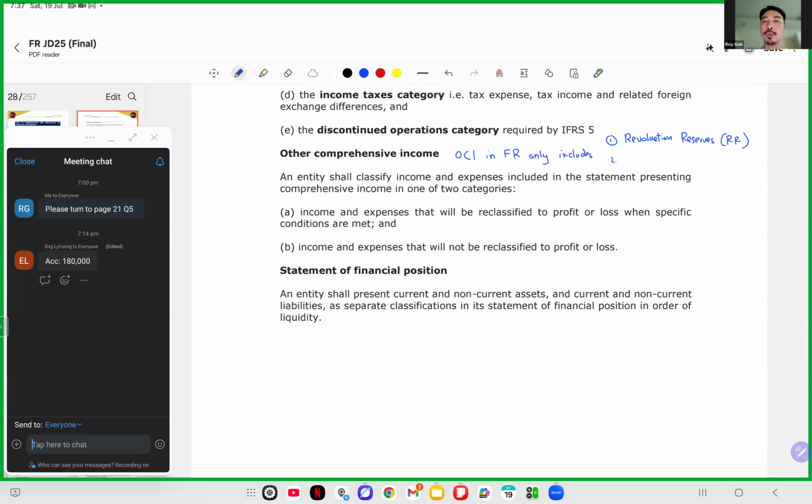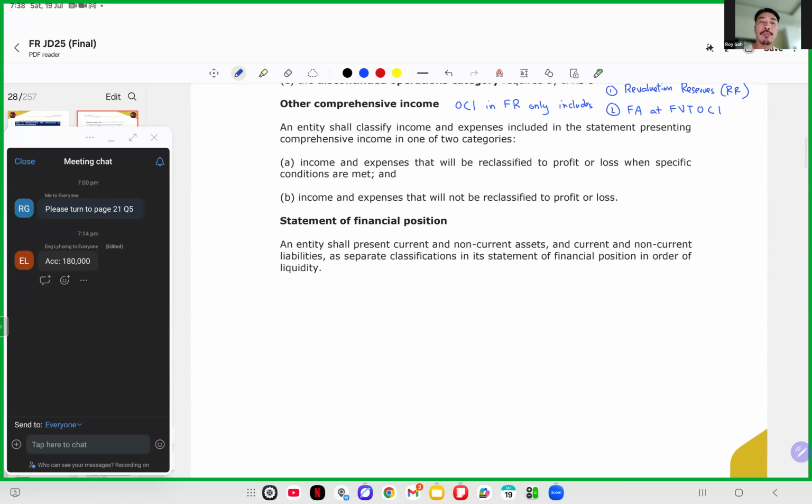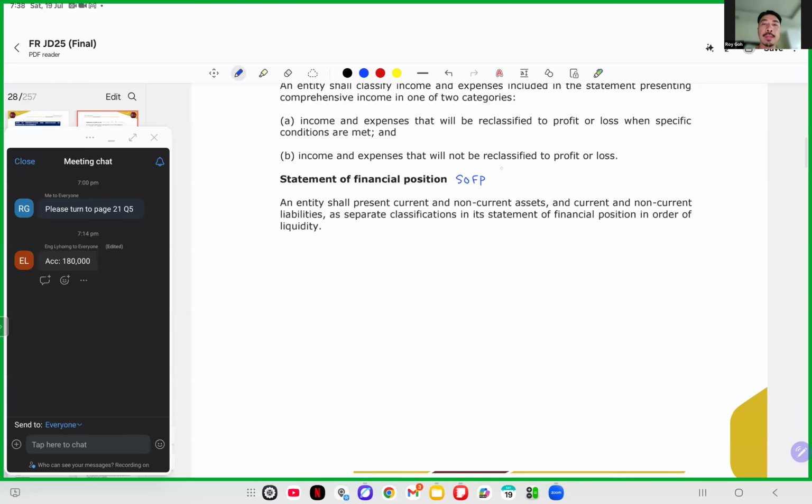And also, number two, your financial asset at fair value to OCI. Only these two. The rest you don't have. Next one, your statement of financial position, SOFP, follows your asset, current, non-current, liability, current, non-current, and then the difference is called equity.